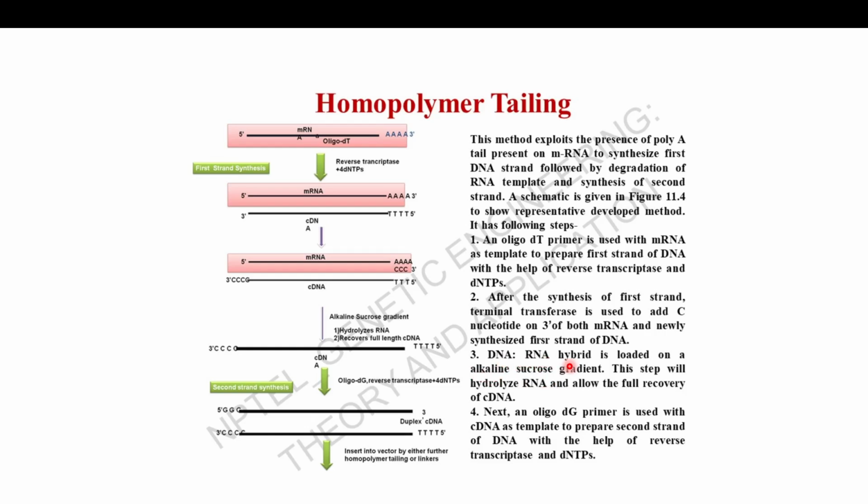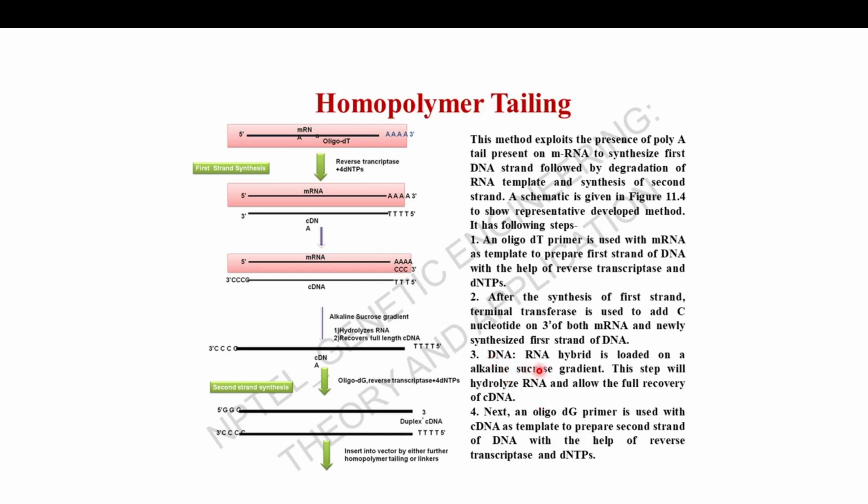In the previous method, we were directly treating the reaction mixture with RNase, which selectively degraded the RNA template, and then further cDNA synthesis was done using a different set of primers complementary to the cDNA. Now here we are not directly adding an enzyme.